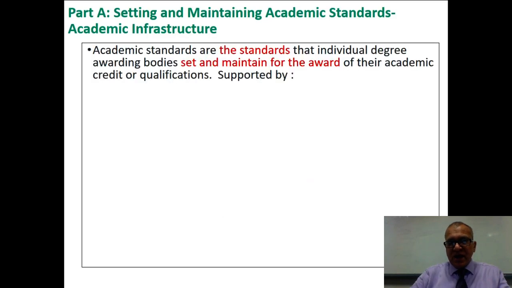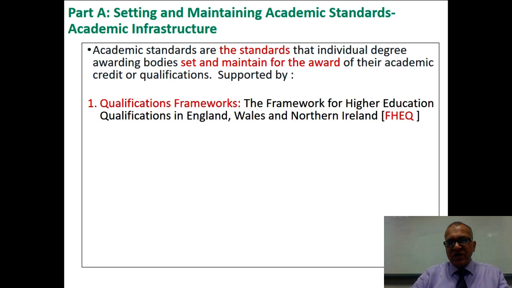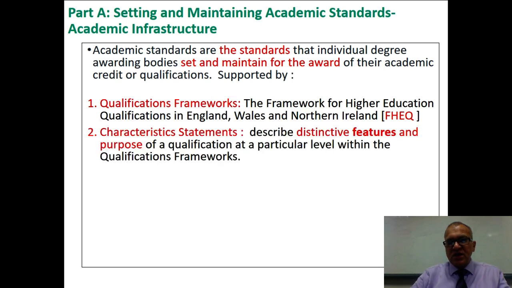Let's see. Academic standards are the standards that individual degree awarding bodies set and maintain for their academic credit or qualifications, and they are supported by the qualification framework, known as the Framework for Higher Education Qualifications.